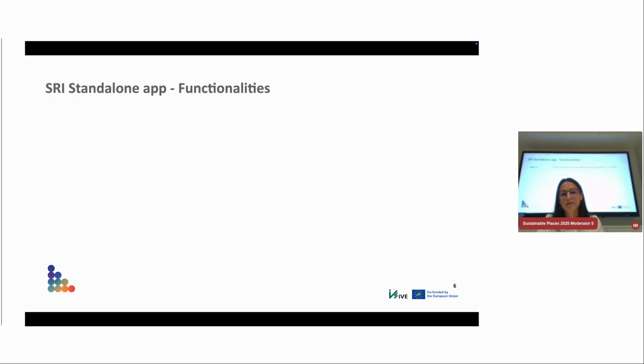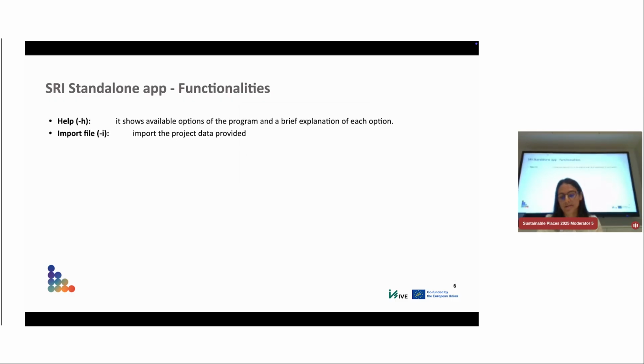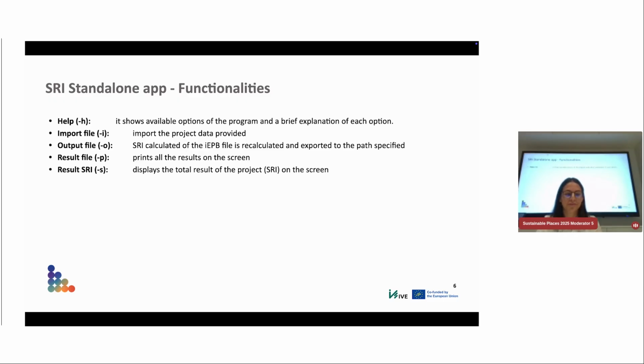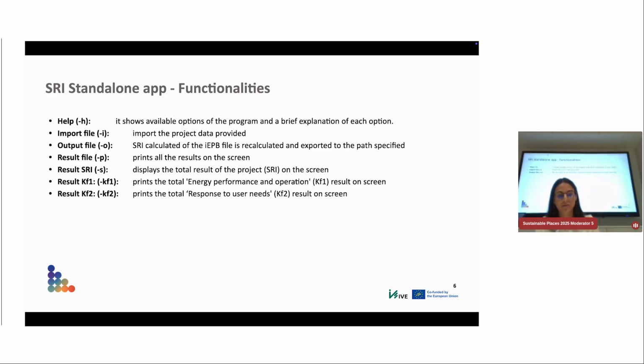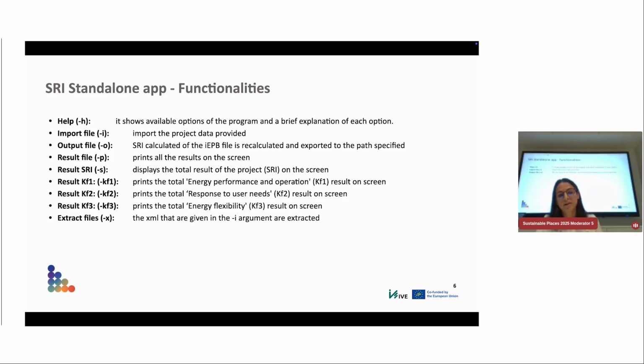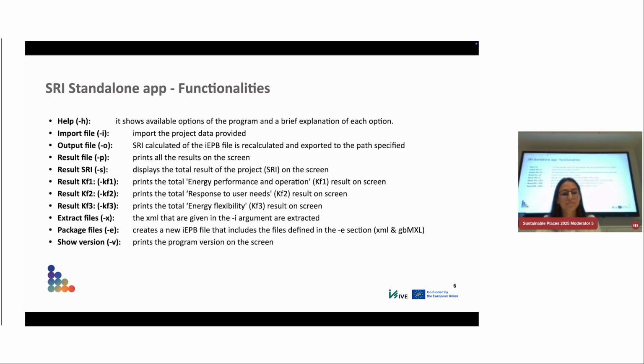The functionalities of the application, well, it shows you what you can do with the application. It can import the IPB format and export the IPB format. You can have the results printed on the screen, and you can extract the files inside the IPB format, because the IPB format contains two files, one XML, that is the GBXML, and the IPB-XML with the rest of the information.